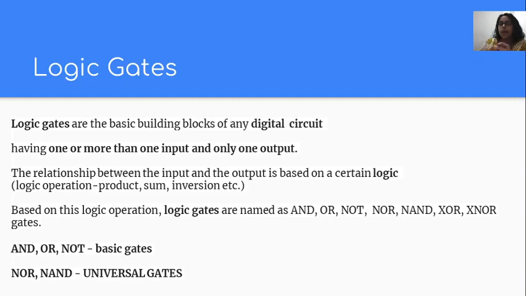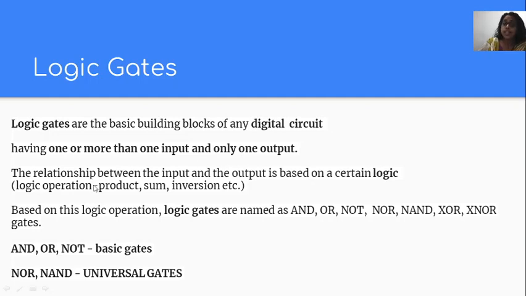Now we have the background to understand logic gates. Actually, logic gates are the basic building blocks of any digital circuit. Now you know what a digital circuit is. It handles digital signals. These logic gates have one or more inputs, but they have only one output.